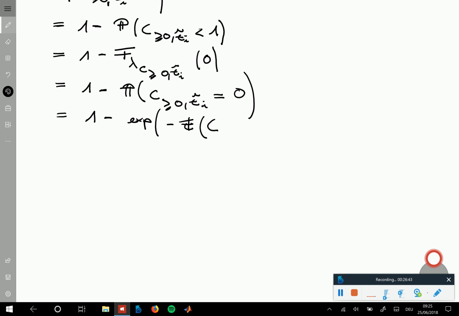Now this is what I'm just writing up here: the expected number of clusters under the null hypothesis at this threshold of, in this case, 15.7, times the probability that k tilde i is larger or equal to 0.